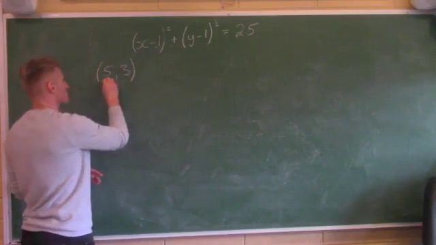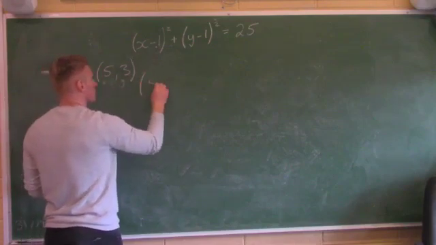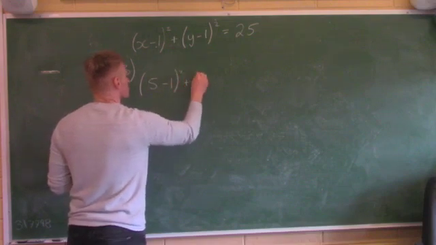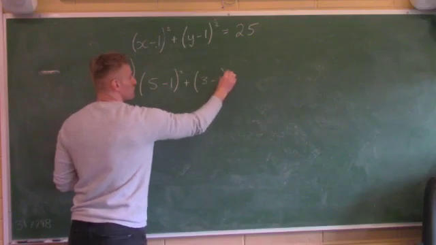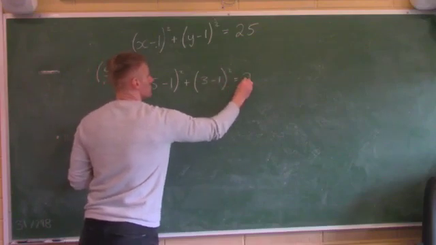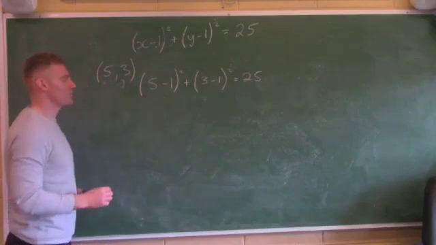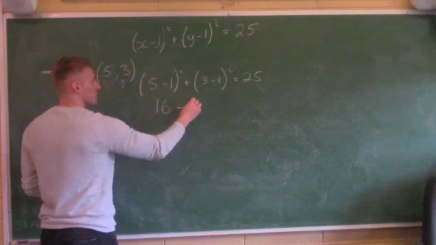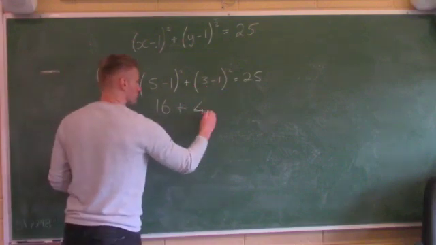This is my x, this is my y. So instead of x, I'm putting in 5 minus 1 squared, plus instead of y, 3 is going in. 3 minus 1 squared equals 25. Right, 5 minus 1, 4. 4 squared is 16. Plus 3 minus 1 is 2. 2 squared is 4.